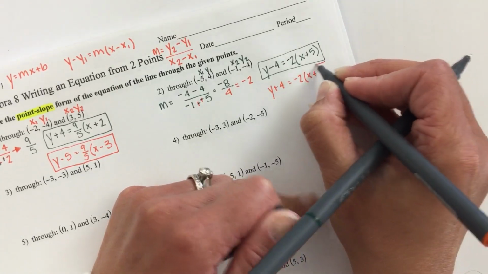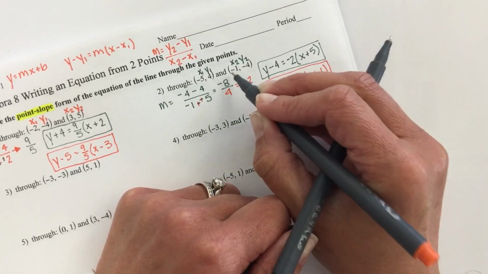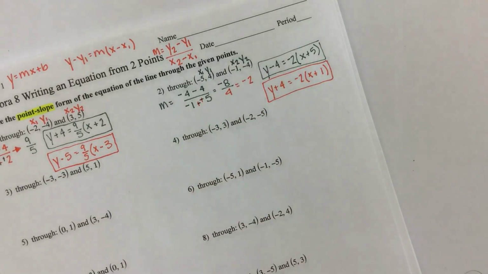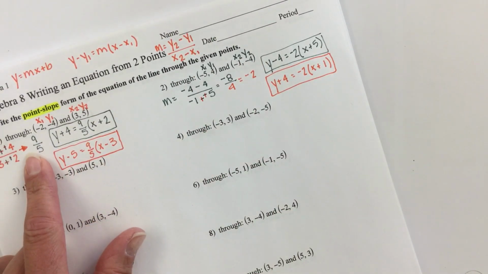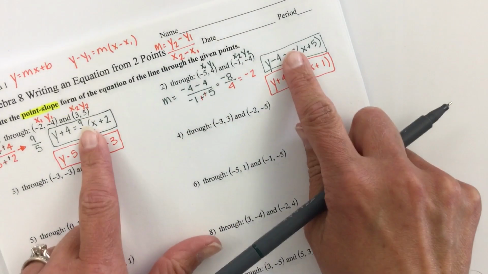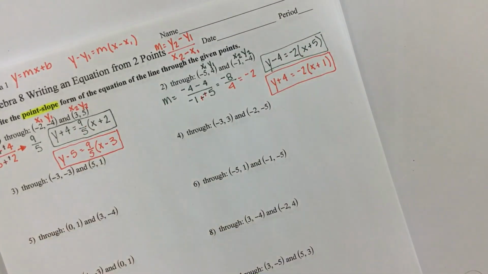Remember, they're always the opposite. If it's a negative coordinate, they go in as addition. Okay, so our next step, so these equations, you have to find the slope and then use one of the points to write it in point-slope form.